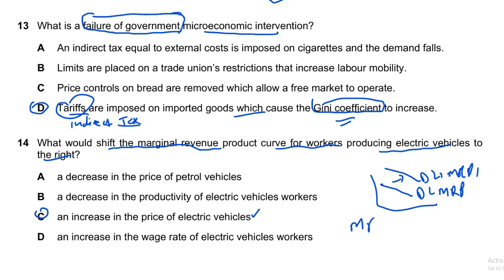Marginal revenue product of labor is calculated as marginal physical product of labor multiplied by price, right? So marginal revenue product depends upon these two things: marginal physical product of labor and price. If price goes up, even if marginal physical product remains the same, marginal revenue product will increase, and when marginal revenue product increases, it will shift to the right.